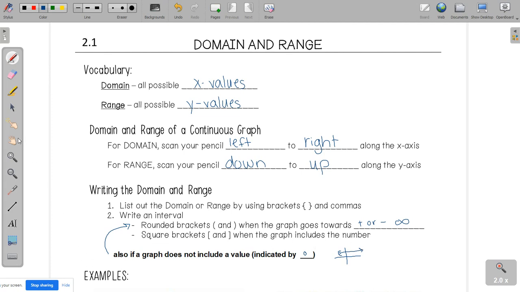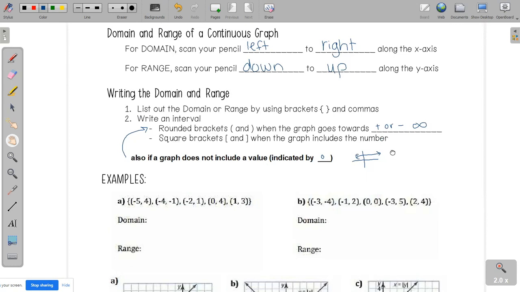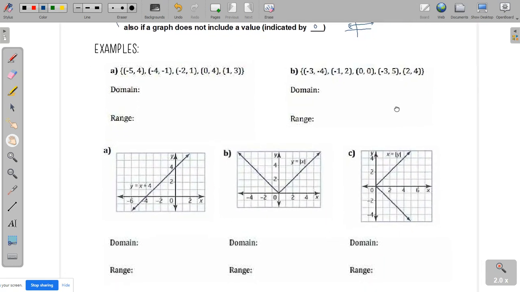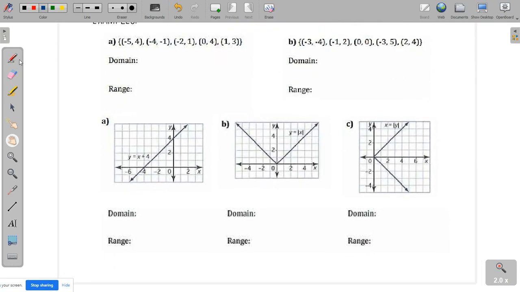So let's look at some examples. We have a list of points, and we need to write the domain. So all possible x values. We have -5, -4, -2, 0, and 1. Those are our x values.